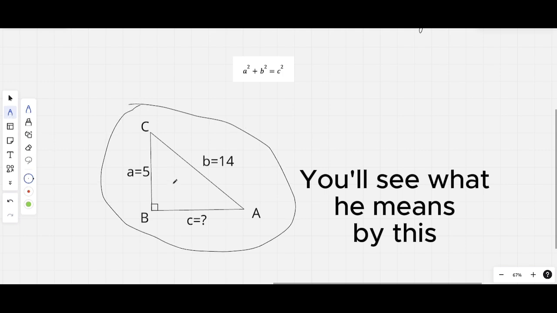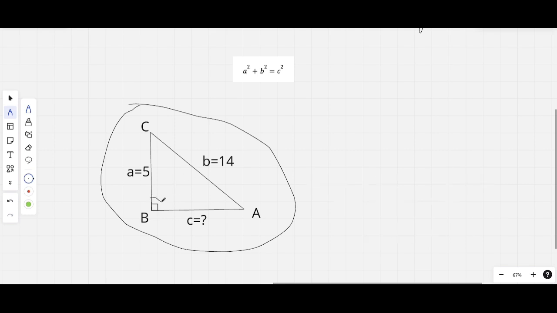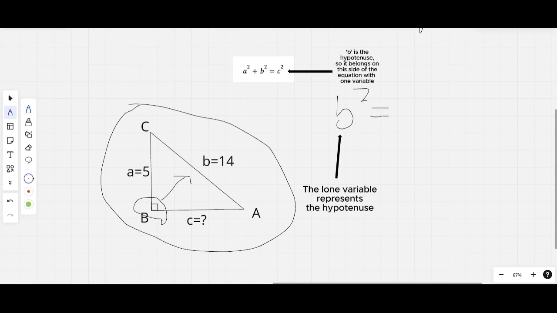So let's do it where our hypotenuse is the opposite of our right angle over here. So that'll be b. So let's put b squared by itself. Now let's fill in for the rest, which will be c squared plus a squared.